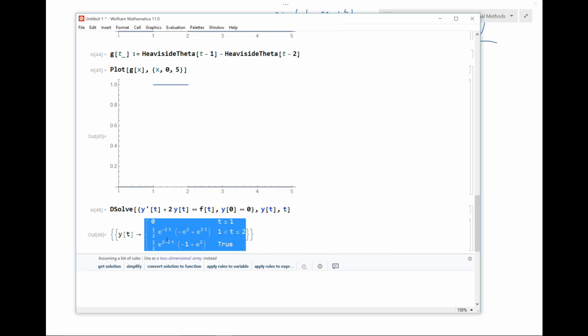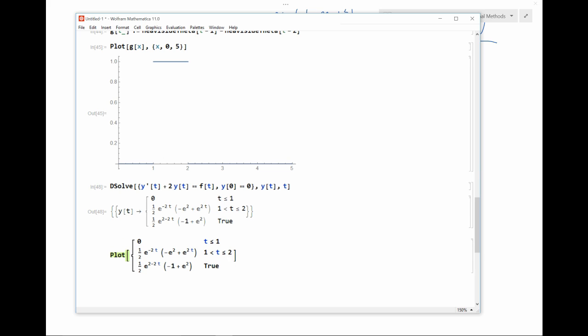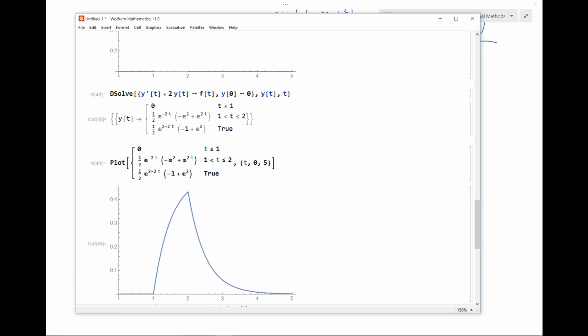And what I want to do is plot it. So I'm just going to copy and paste. I'm going to plot it in terms of t from 0 to 5. And this is what happens. So the function was 0 up to 1. Then when we turned the switch on, the function started growing, and when we turned the switch off, the function went back to 0. Let's see if I do the same thing with the function g of t.